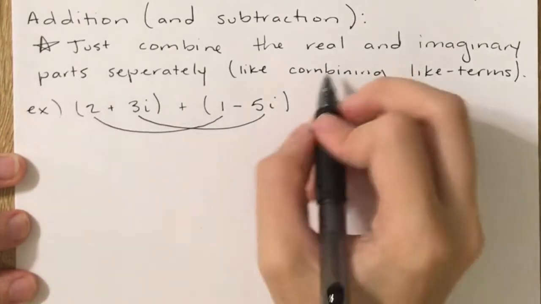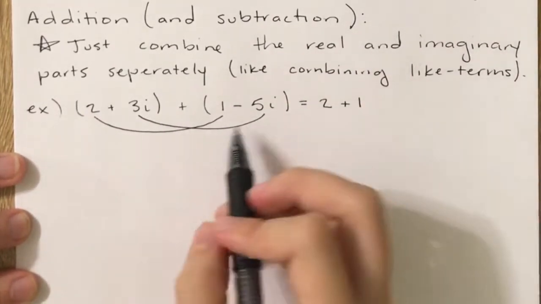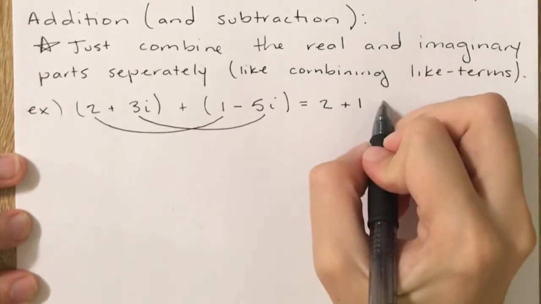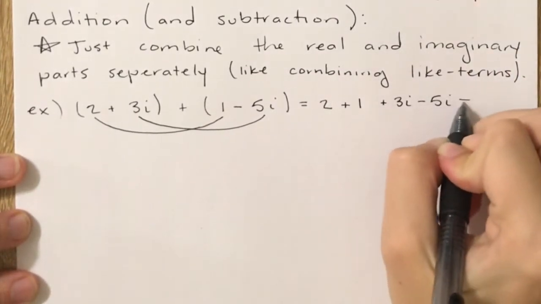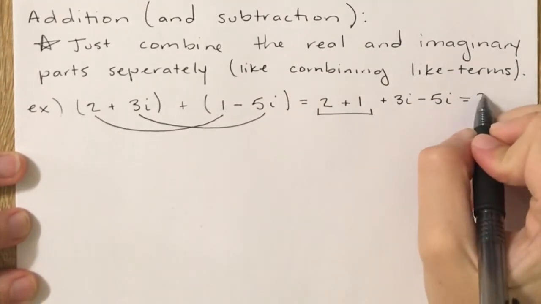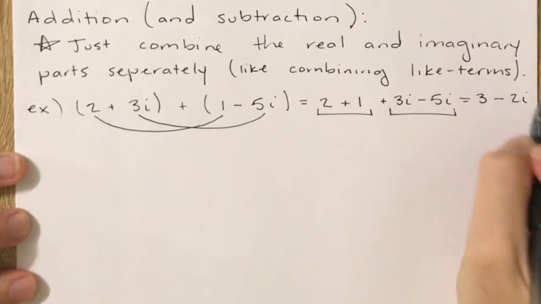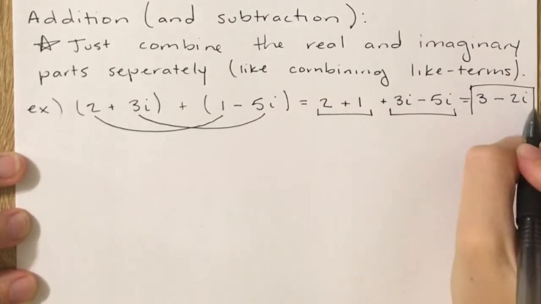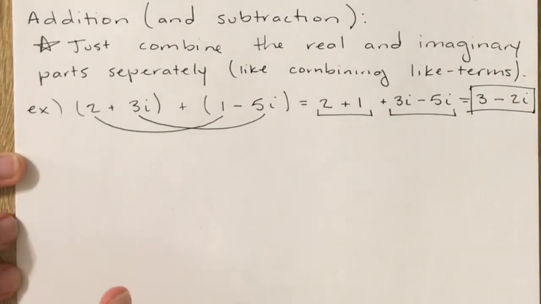So we want to combine 2 plus 1, and then also plus 3i minus 5i. We combine these guys, we get 3. We combine these guys, and we get negative 2i, and that's my answer. 3 minus 2i. Simple as that.